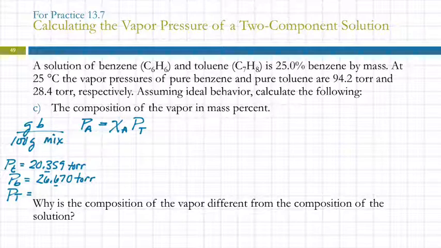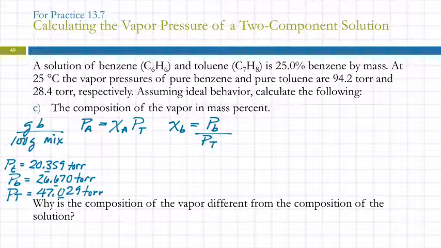So we just figured that out. That was 47.029. The fraction of particles that are benzene is equal to the ratio of the pressure from the benzene to the pressure of the whole thing. So the mole fraction of benzene is equal to the partial pressure of benzene divided by the total pressure.